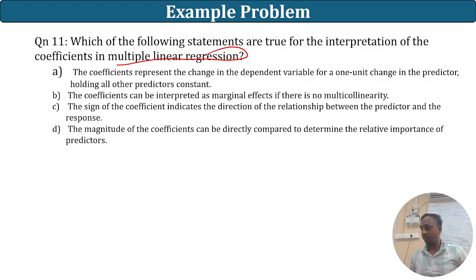The coefficient represents the change in the dependent variable for a one unit change in the predictor, holding all other predictors constant.